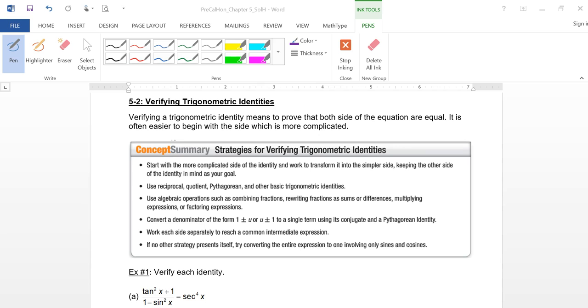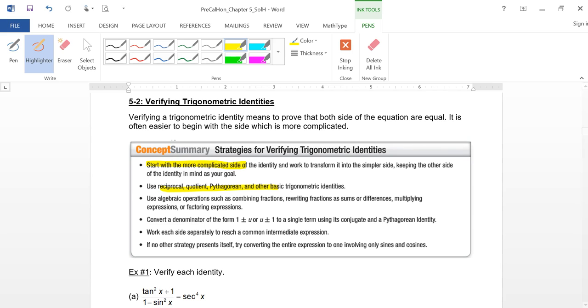Conserving my voice. Okay. So there are some strategies, like start with a more complicated side, use reciprocals, and converting a denominator. If no strategy presents itself, try converting the entire expression to one involving sines and cosines.